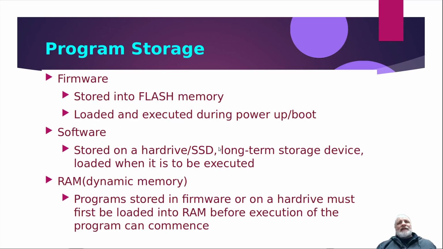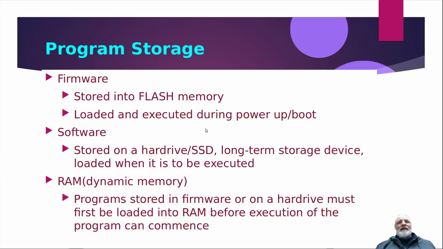When we want to actually run our software, as I sort of mentioned before, we have to load it into that general dynamic memory, which we usually refer to as RAM. RAM stands for random access memory, meaning that it can go out and get the data from A or B in whatever order it wants.